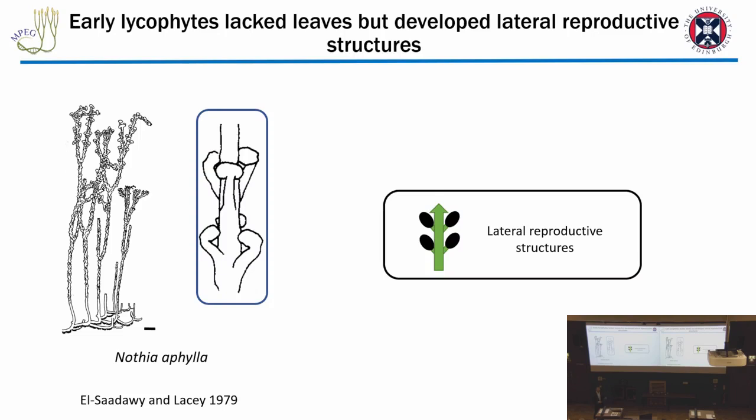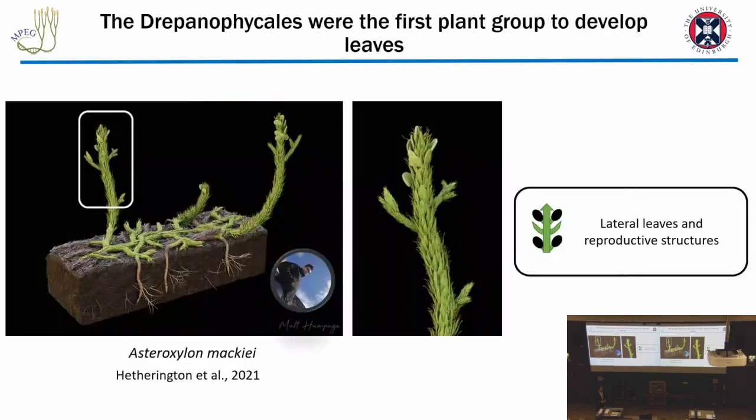The only lateral structures that look a bit leaf-like are these reproductive structures. And then finally, we move on to that level of complexity I showed you earlier, this plant Asteroxylon. This is a wonderful reconstruction by the artist Matt Humpage, showing the complexity of Asteroxylon. And what's kind of interesting is we see, similar to Nothia, we're actually getting the reproductive structures, these table tennis racket type structures on here.